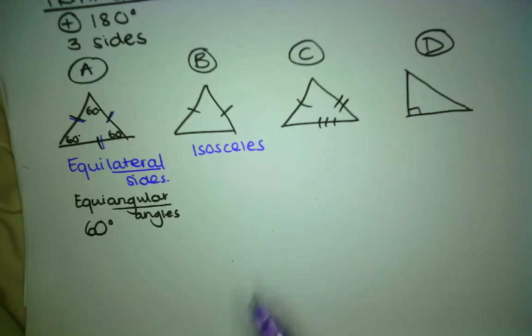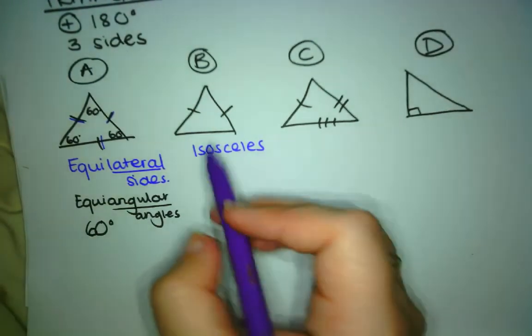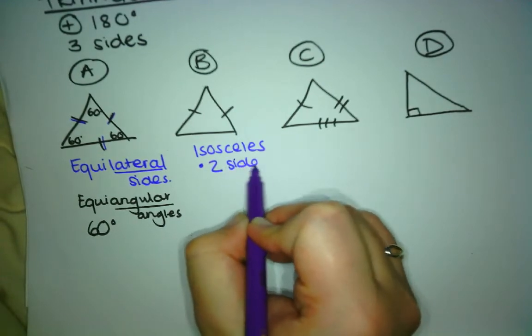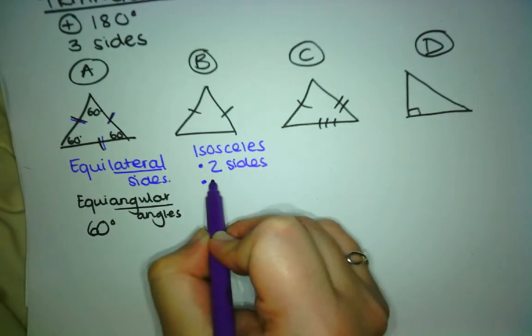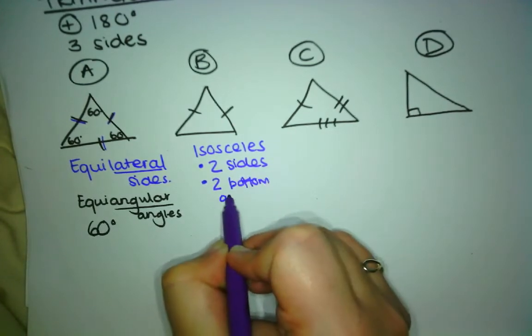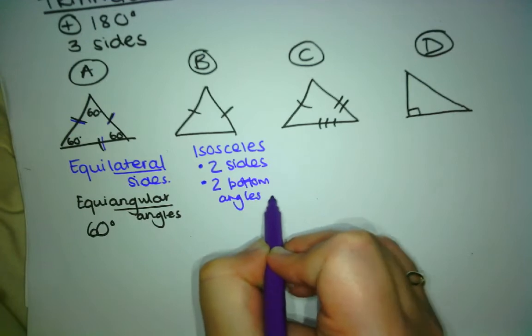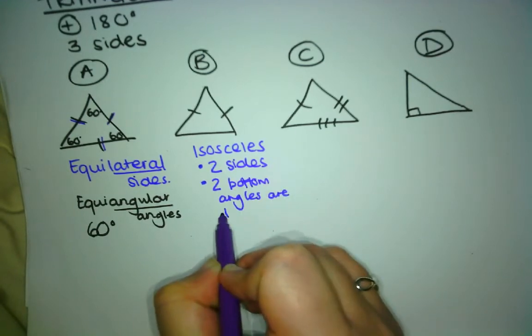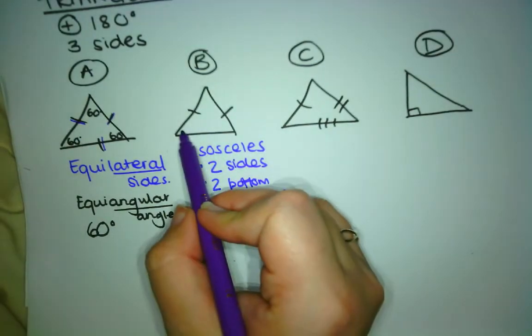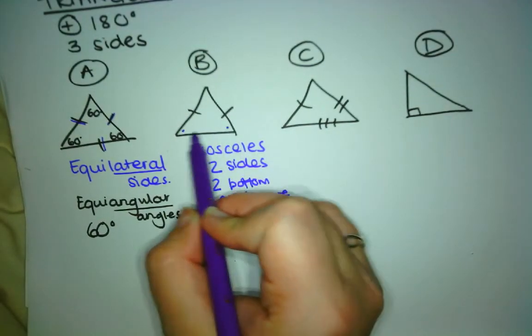Something important about the isosceles: there are 2 sides that are the same, and the 2 bottom angles are the same. Whatever they are, these 2 bottom angles will be exactly the same.